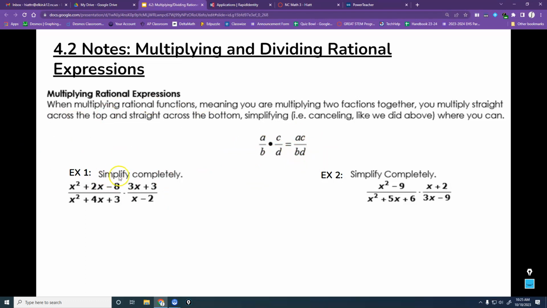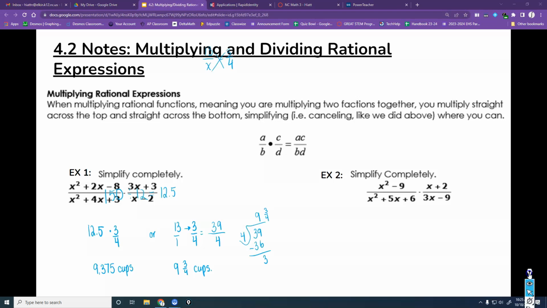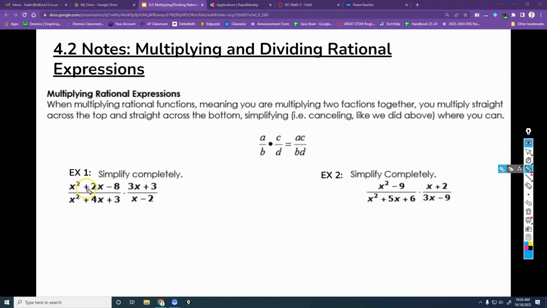If we want to simplify completely something like this, we need to factor everything out, and then it's just multiplied straight across so we can cancel things that are on top with things that are on bottom.